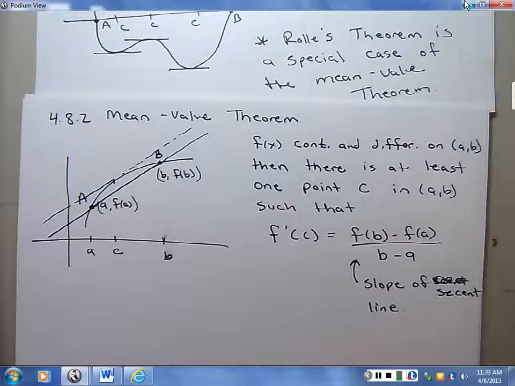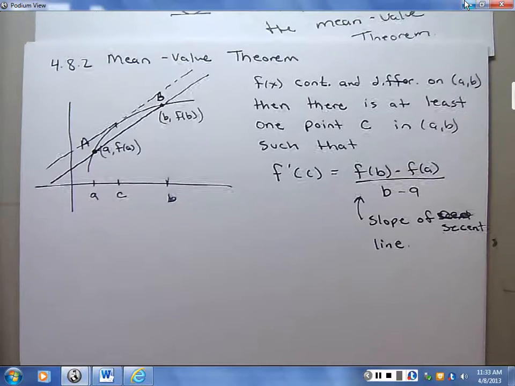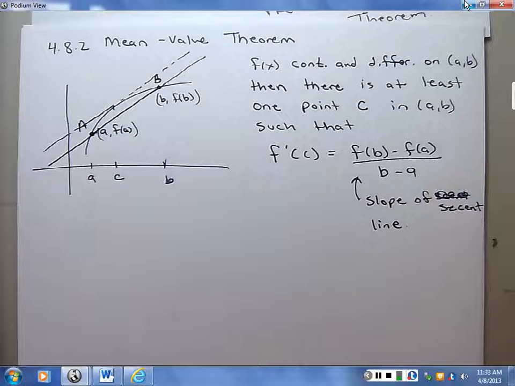So let's look at some applications of this. And then we'll look at an application where the hypothesis isn't met, so therefore the conclusion isn't necessarily true. And that actually involves absolute value.